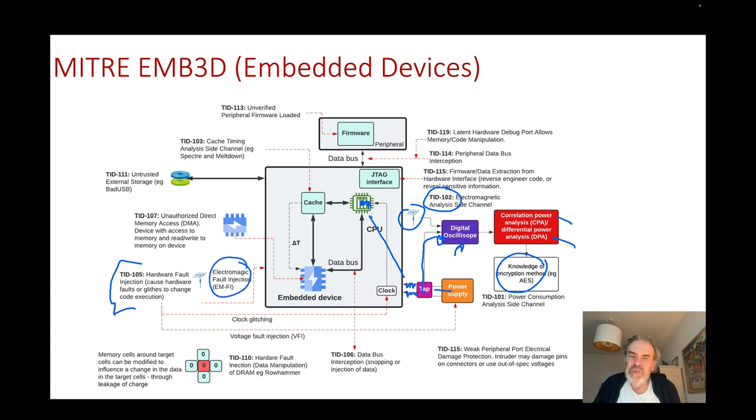So for this, we can use an electromagnetic fault injector. That's typically, again, with an antenna, but we create electromagnetic outputs to be able to compromise the circuit board. We can glitch the clock in some way, and we can also play with the voltage levels, because that can cause some of the chips to have some problems.